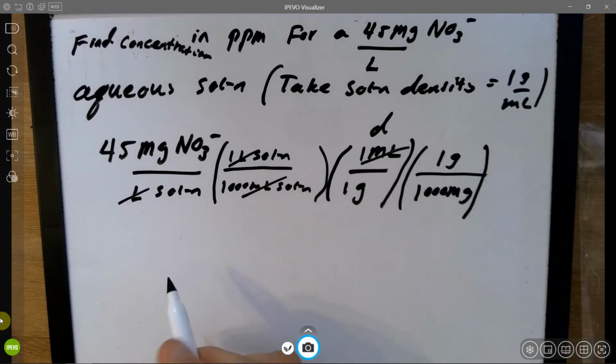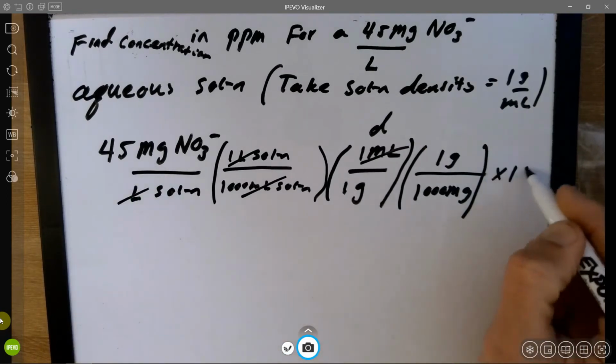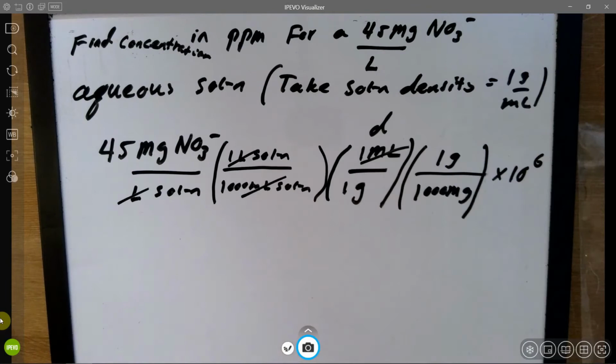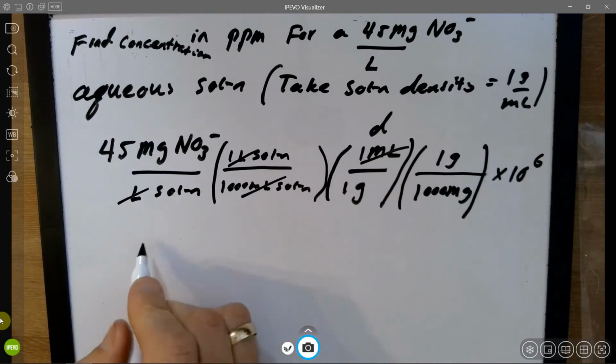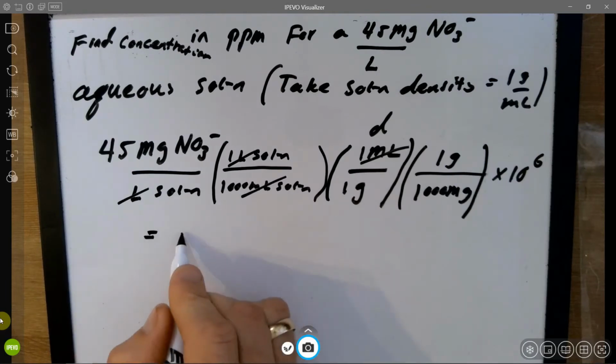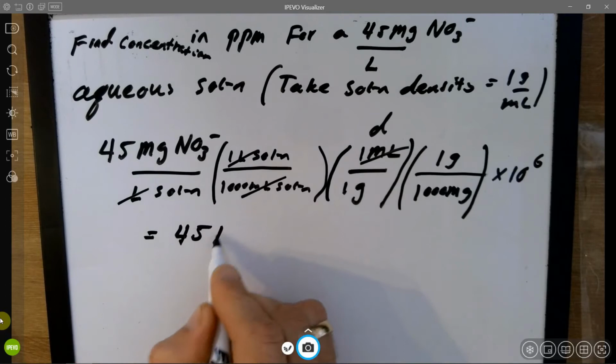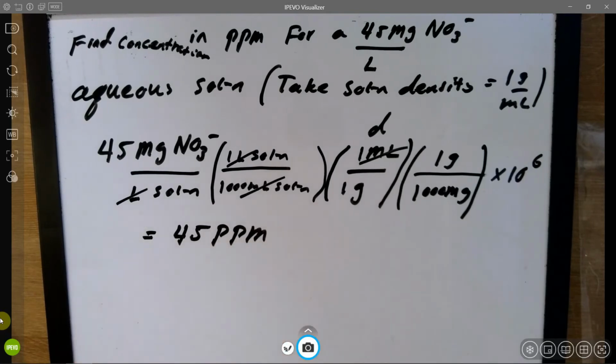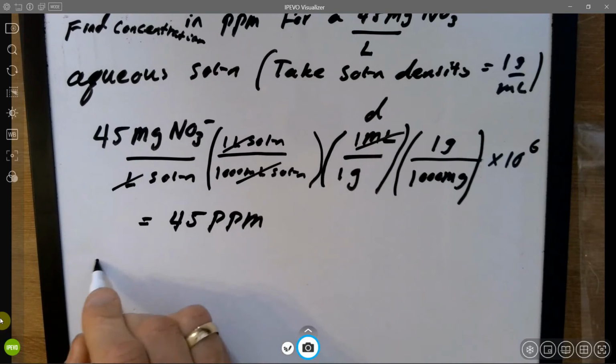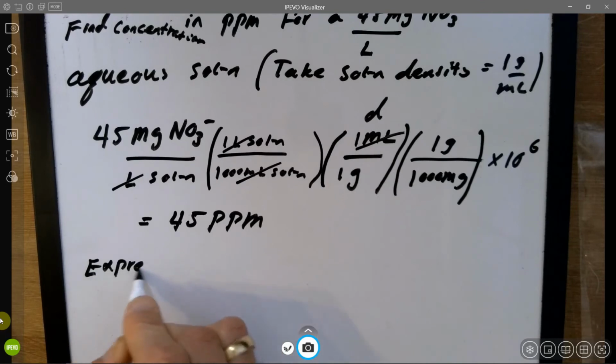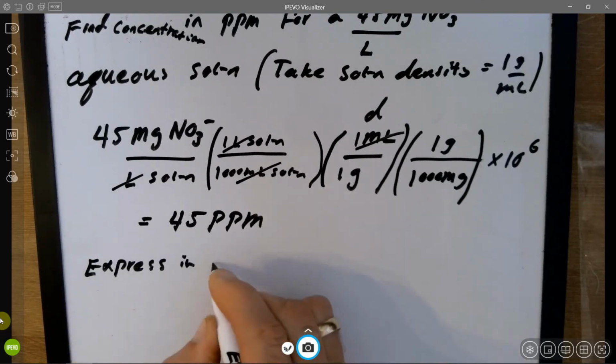To get to parts per million, now that I have milligram per milligram, I multiply by 10 to the 6th. So now you punch everything through the calculator and you should get your answer, and your answer is 45 parts per million. Okay? Let's express this in mass percent.